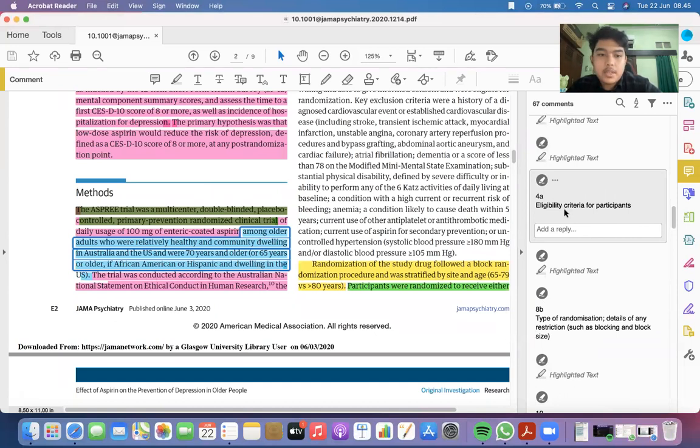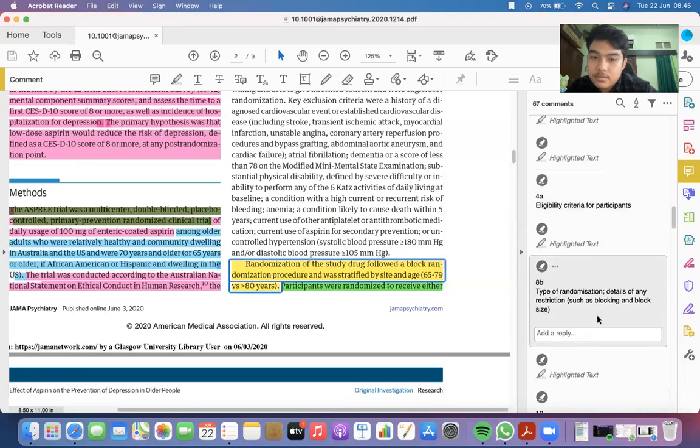Eligibility criteria for participants were older adults who were relatively healthy and community-dwelling in Australia and the US and were 70 years or older, or 65 years and older if African American or Hispanic and dwelling in the US.